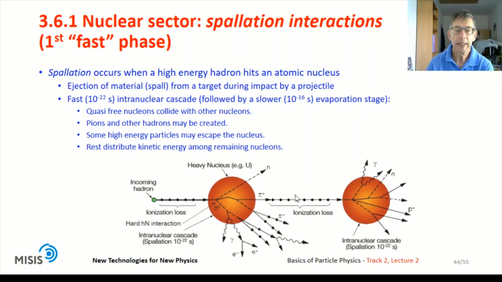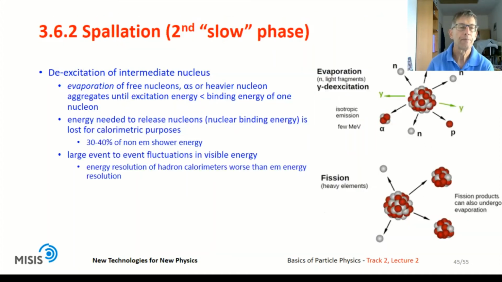When these particles leave the nucleus, they give rise to further secondary reactions. In the slow phase, we have the intermediate nucleus that de-excites, and the free nucleons are evaporated, either as alpha particles or heavier nuclei, or as nucleons, neutrons and protons.